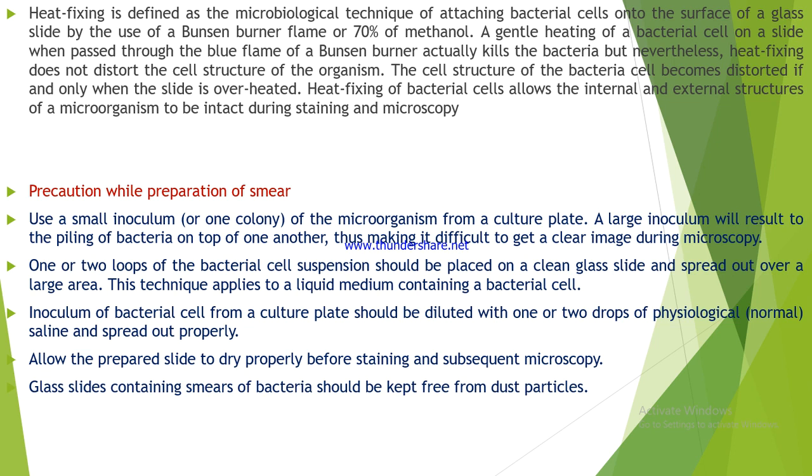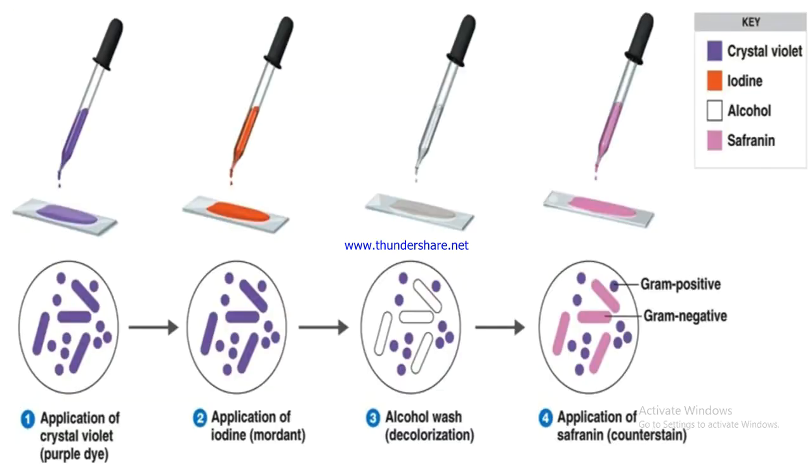When you make the smear, after air drying the glass slide, you have to fix the bacterial culture with the help of heat. Do not use the dropper which you are using for alcohol or decolorizer for adding any other chemical. So these are a few precautions which you have to consider when doing these procedures.